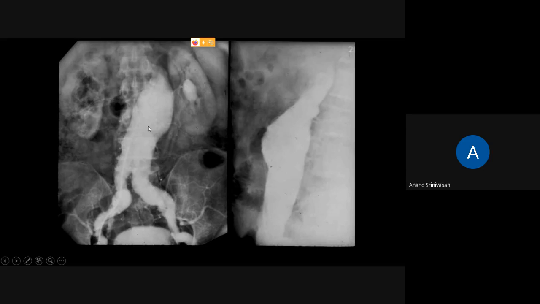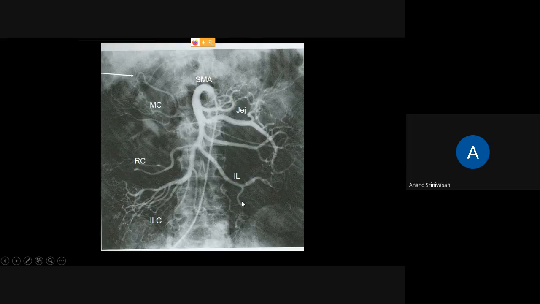Here you can see the abdominal aorta dividing into the common iliac, which then divides into external and internal iliac. Through a specific arteriogram, they pass a needle into the aorta and inject directly into the superior mesenteric artery to find out the different branches of the superior mesenteric artery.